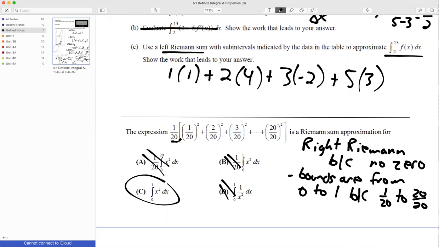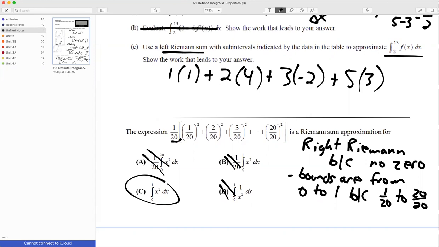You're saying in front of the integral on a question like this? I would say probably not. I think the connection that you need to make here is that this Riemann sum approximation is just an approximation for this definite integral from 0 to 1 of x squared dx.